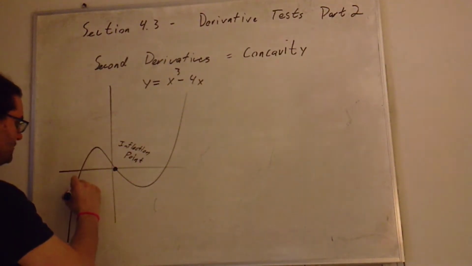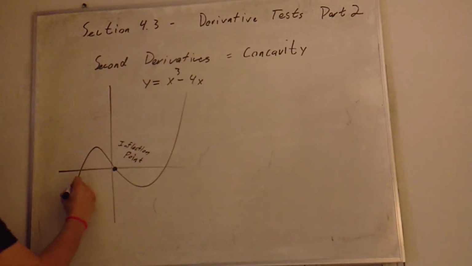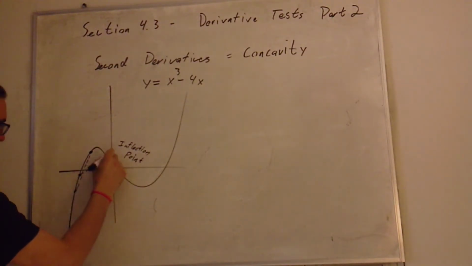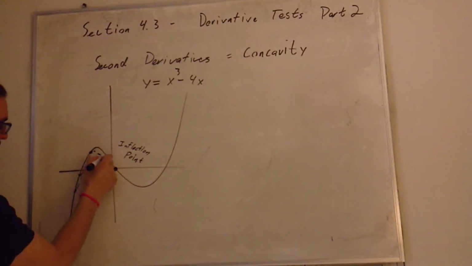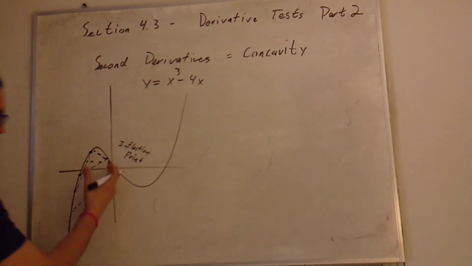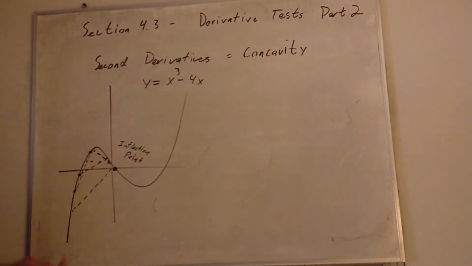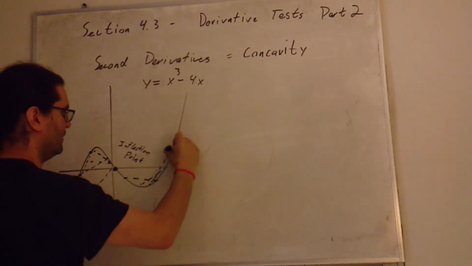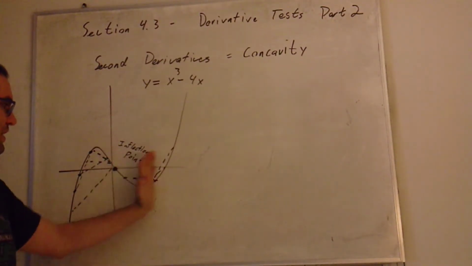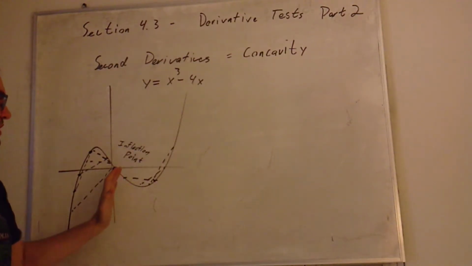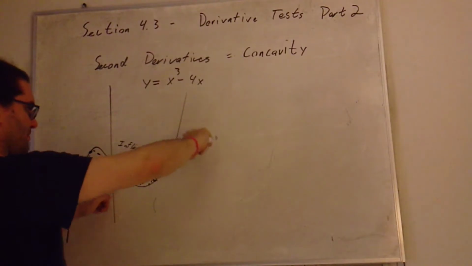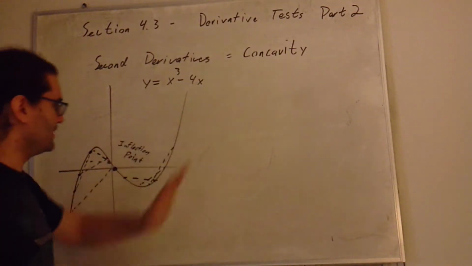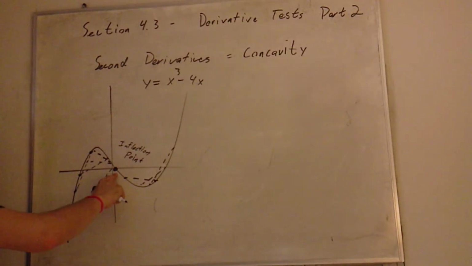Everywhere to the left of this point, if you pick 2 points on this graph and connect them with a line, the line is always going to be below. So everything to the left of this point is concave down. Everything to the right of this point is concave up. If you pick any 2 points to the right of the inflection point and connect them with a straight line, the straight line is above the graph. So everything to the left is concave down, everything to the right is concave up. That's why this is the inflection point.